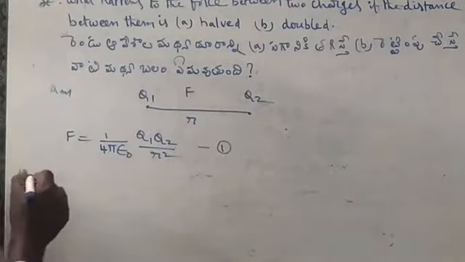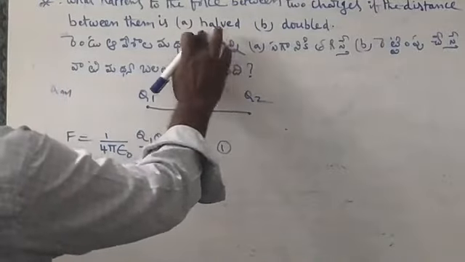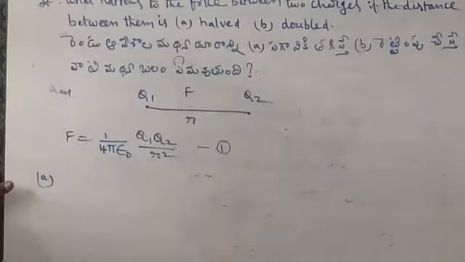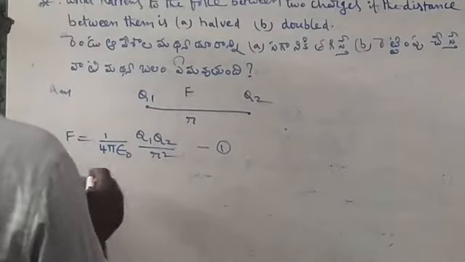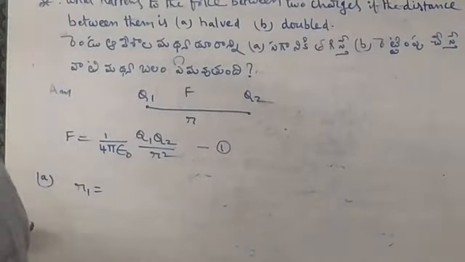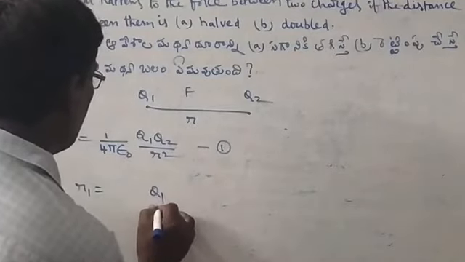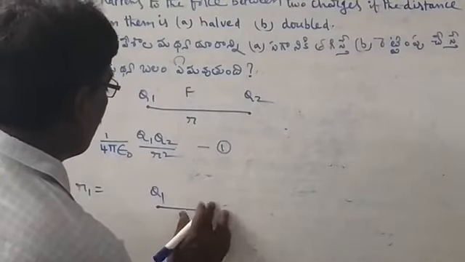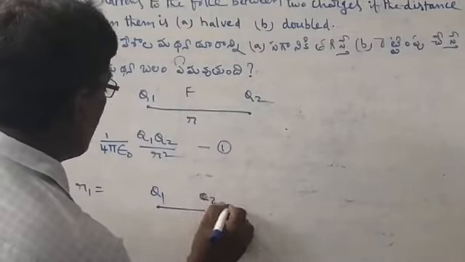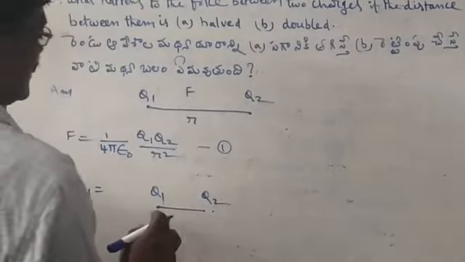In our first case, A, the distance decreases. The distance between them is half.